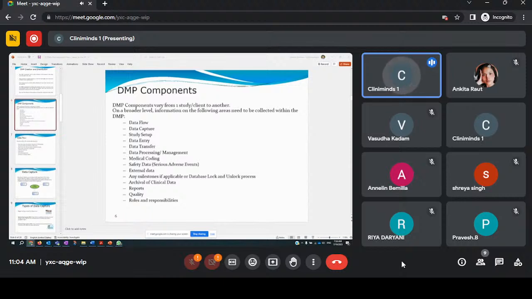And on the CRF, you will have basic questions. For example, if a subject has to provide his or her blood sample or any other sample in maybe visit 3, then on the visit 3 CRF, we will also have questions like whether the blood sample was collected, yes or no, right?